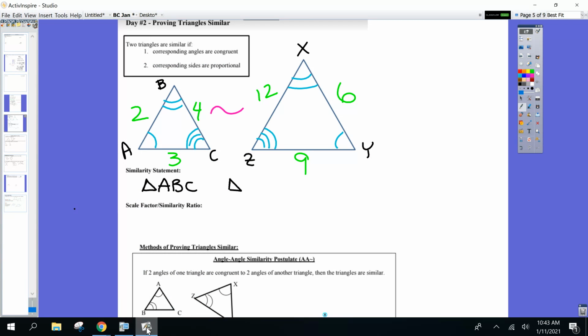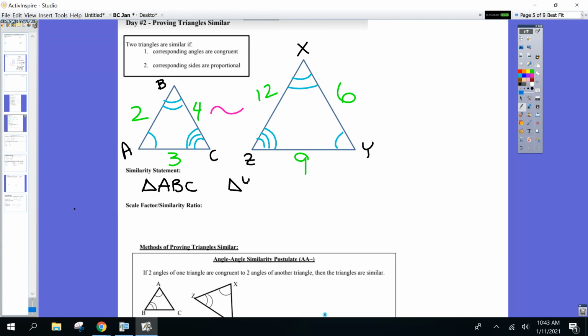ZXY. Hold on, though. If you go ZXY, you're telling me A and Z are congruent, and that's not what I marked. You got to make sure A matches up with its congruent angle in the second triangle and so on. So I don't want to start calling off by calling it Z. Is it YXZ?